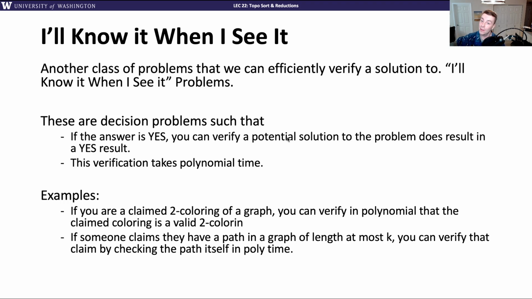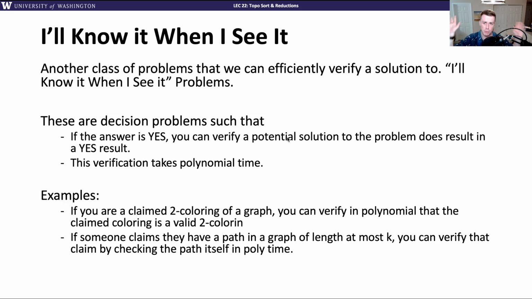So you'll know the answer when you see it, right? You might not know how to find it from scratch, but if someone gave you an answer, you could verify it. So the set of problems are ones where if the answer was yes to the decision problem, and you had a proposal for how to achieve that answer yes, you could verify whether that proposal would actually make the output of your decision problem yes.